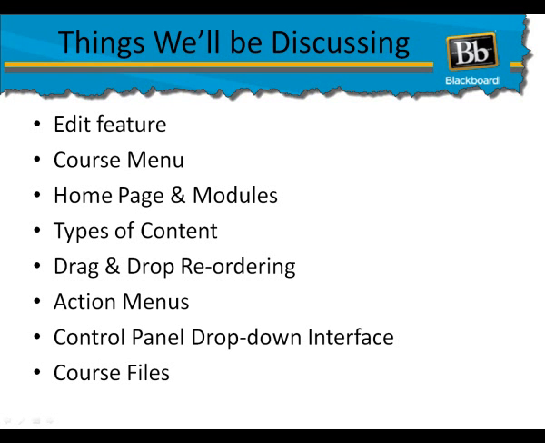Instead of modifying an item, each item in the editing mode now has some double arrow buttons or chevrons that you can use to access configuration and other options. Control panel drop-down interface. Expandable menus reveal sub-options to gain access to the control panel options. Course files. One common file folder that you can use to add files or even create a drive on your computer for you to link files in Blackboard.